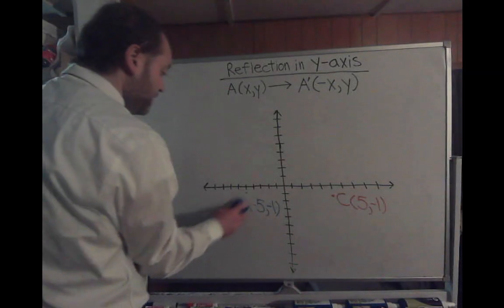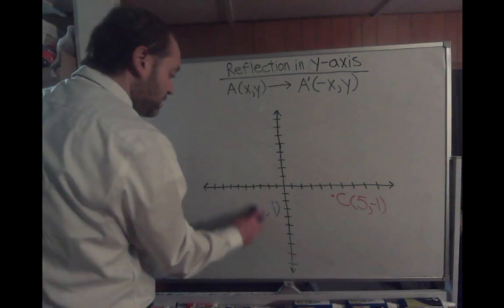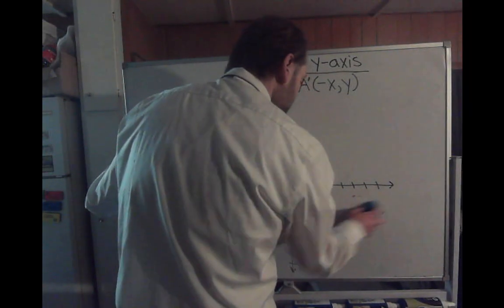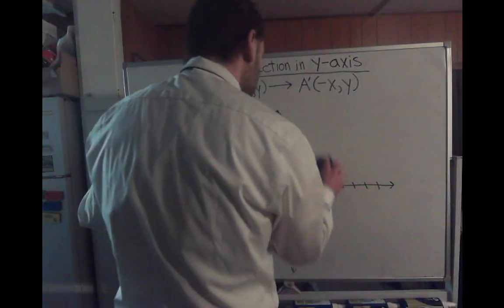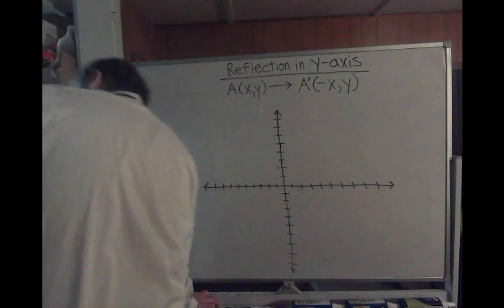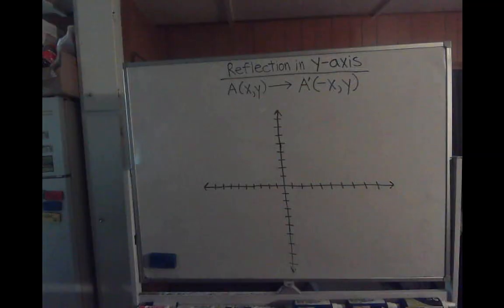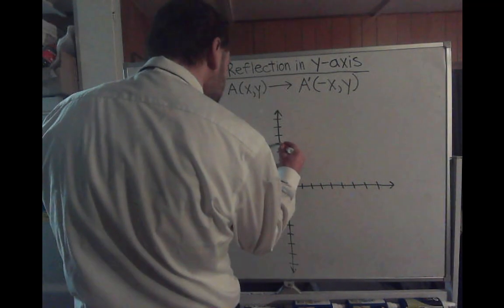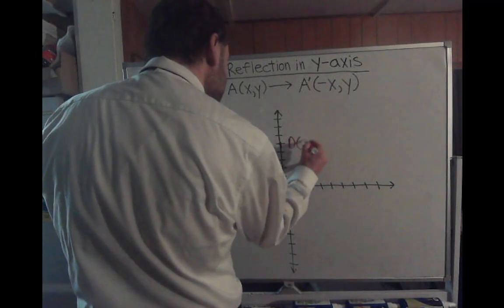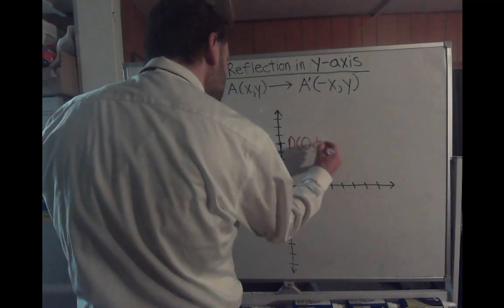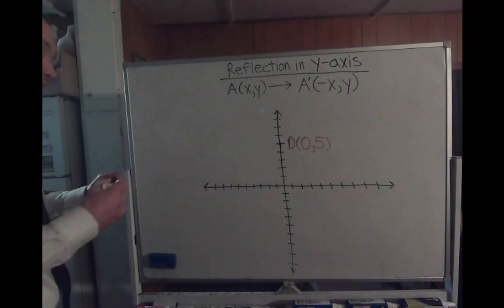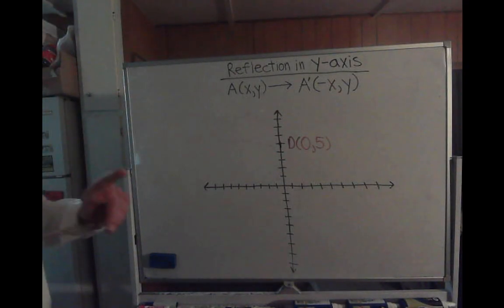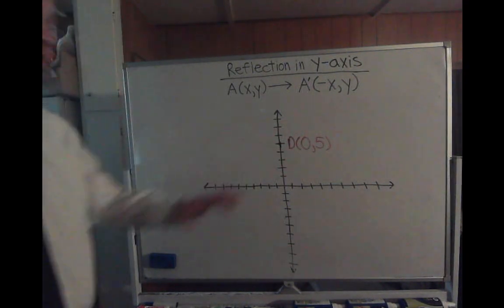All right, let's do a point D. So point D can be found at 0, 5. And this is a good one. Point D is at 0, 5. This time, though, I want to find D prime by reflecting it in the y-axis.